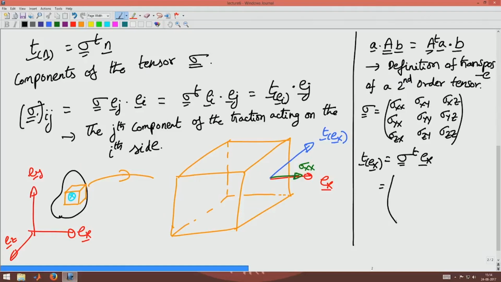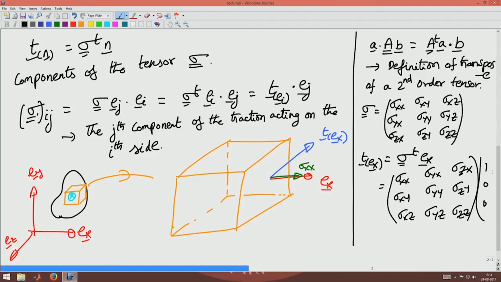Multiplying into 1 0 0, that is going to give me sigma xx, sigma xy, sigma xz.